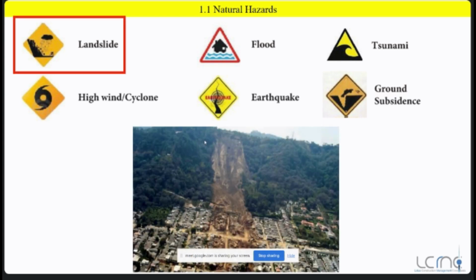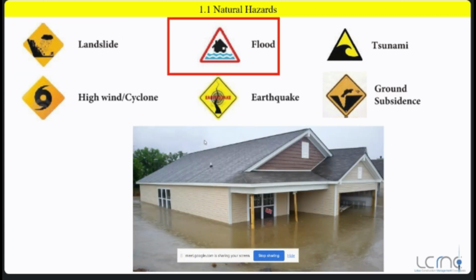The landslide, you all know about landslides, their impacts and outcomes, and floods, which are very typical and familiar natural hazards for Asian countries and the Sri Lanka region.